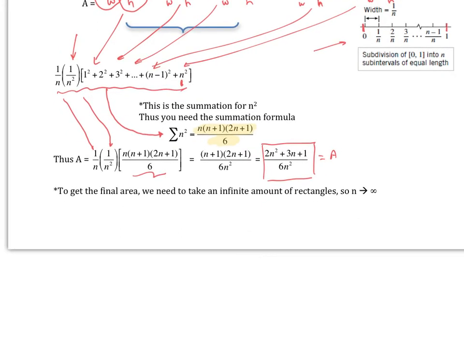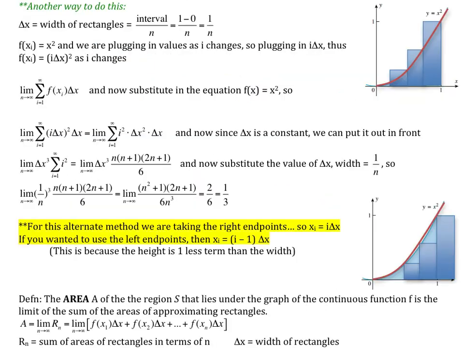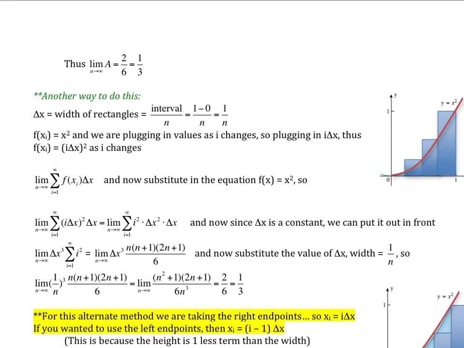Now, I want to get an exact area, so what I need to do is take a limit. So let's go to the next page, and let's move this up over here so we can see that I've taken a limit as n goes to infinity of this area, and I've plugged the values in over here. Let's do that again so I can show you, because it was on the previous page.